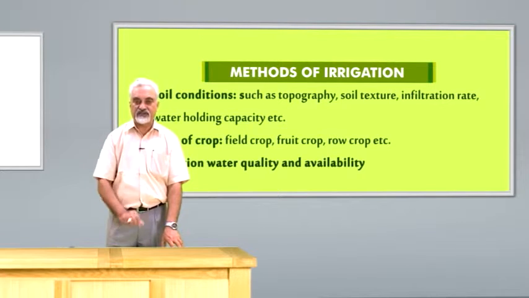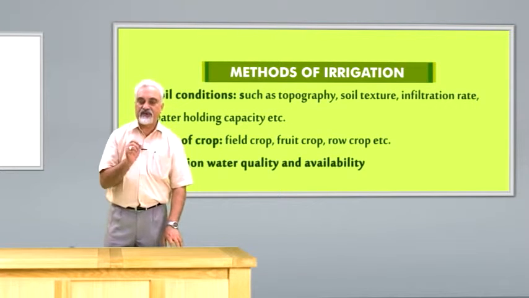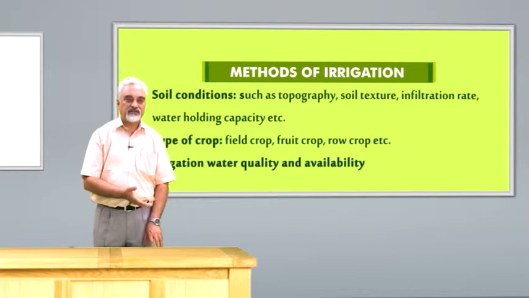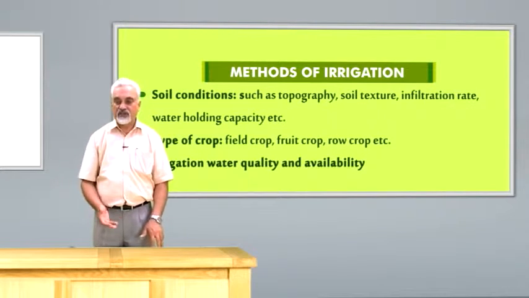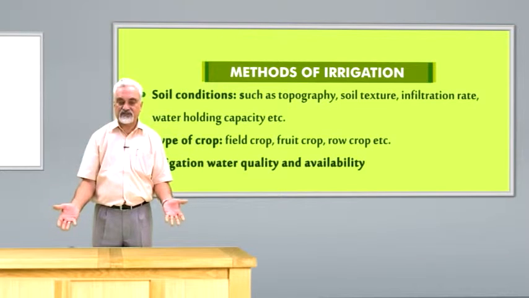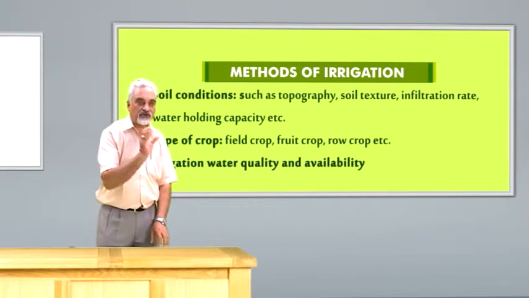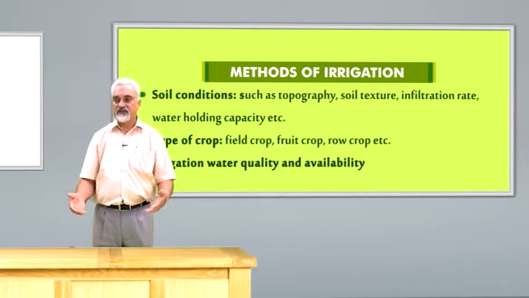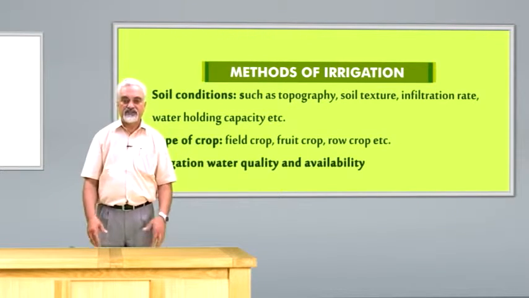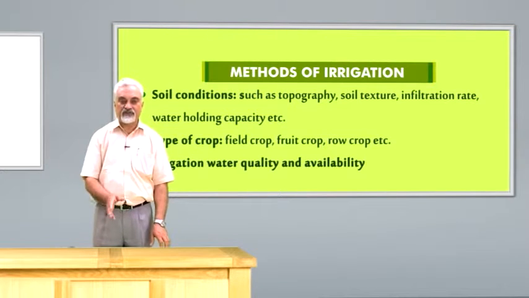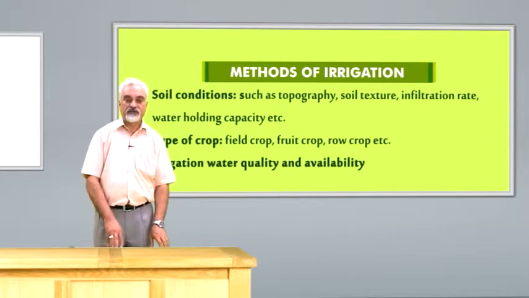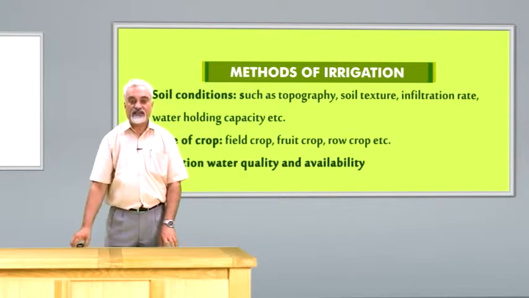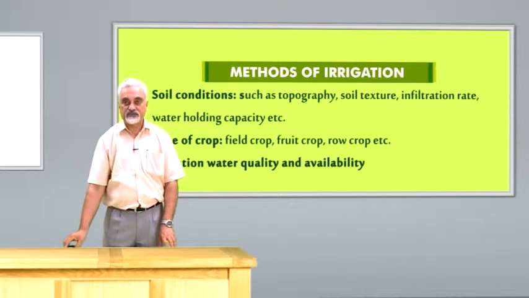That means the method of irrigation, and this will depend on soil characteristics like topography, soil texture, infiltration rate and water holding capacity of the soil, etc. The type of crops we are growing, whether it is a field crop, a fruit crop, an orchard, a row crop or a covering crop, and also the quality and the availability of irrigation water would decide the method.